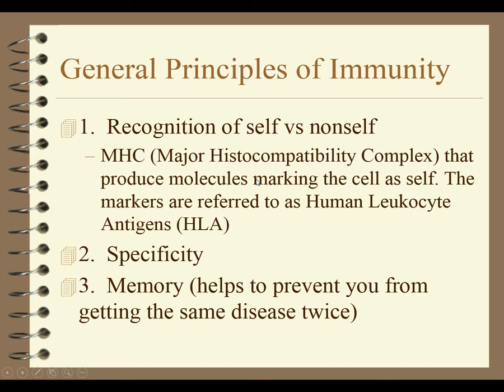Now, where HLAs are very important is they're like a tissue printing or a tissue typing or a fingerprint. There are about 40 major ones, and there are several minor ones. There are even some HLAs that are unknown because there are just so many HLAs out there. If an HLA marks a cell as self, then you can see where we have a lot of people that have transplant rejections, tissue rejections, organ rejections.